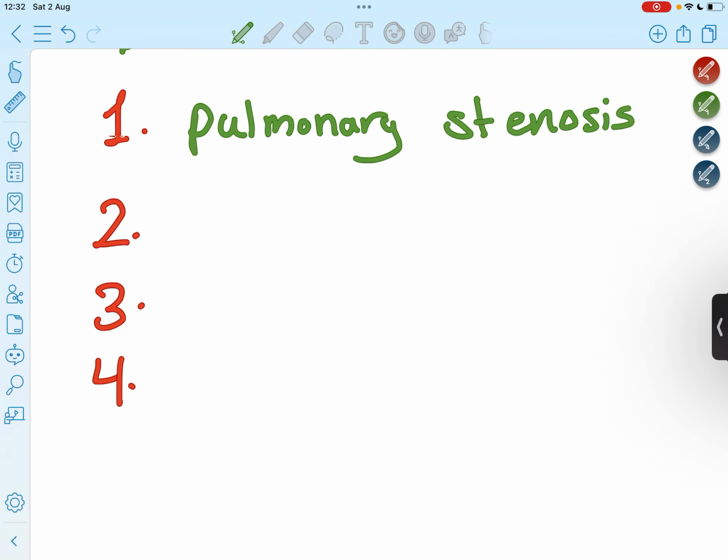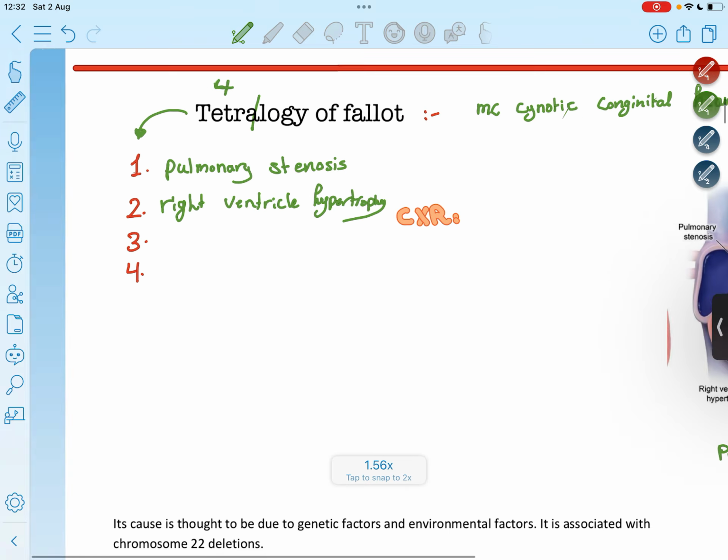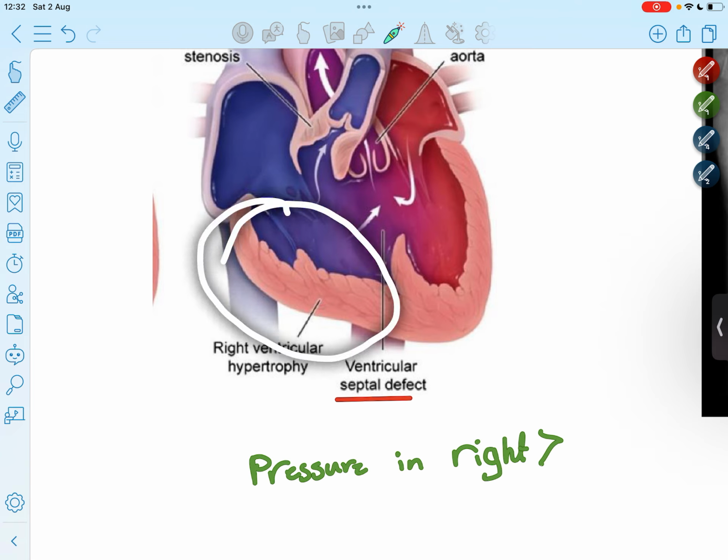The second one is right ventricular hypertrophy. Like here in the picture, we see that the right ventricle is increasing in size, so we call it right ventricular hypertrophy.